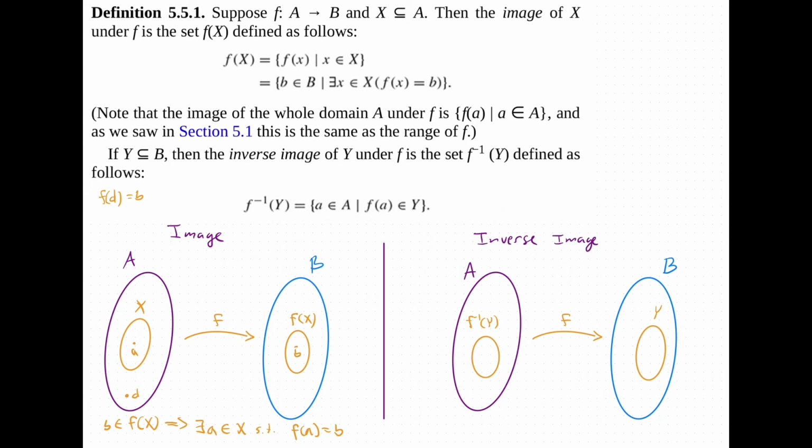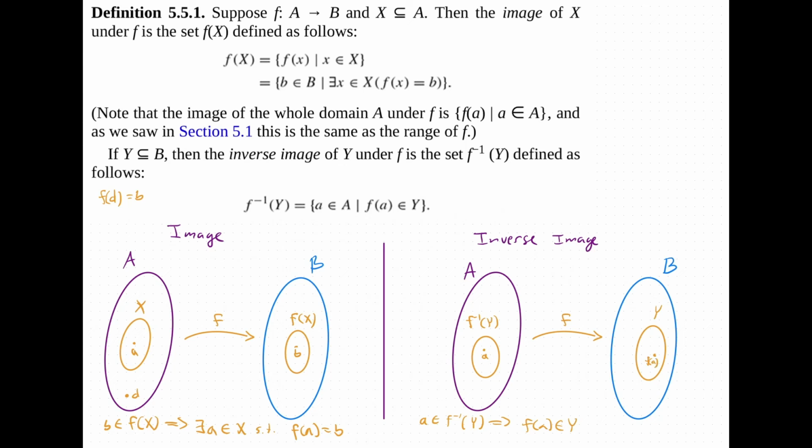And it has the property that every element in here, so if we call this here lowercase a, then to be in there, so a in f inverse of Y, by our definition, is to say that f of a is in Y. And so then we have our corresponding f of a is in here.